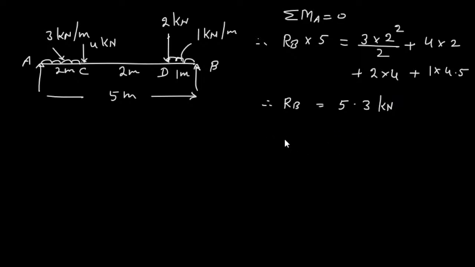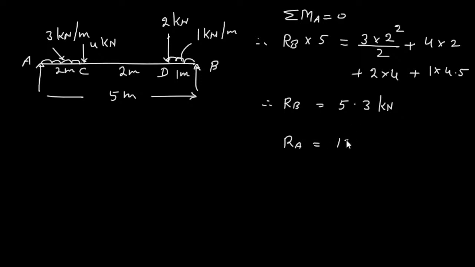Now RA I am writing directly. In the last problem you understood how to solve it. So RA will be the total downward force minus 5.3. So the total downward force is what? It is 3 times 2, 6, plus 4 plus 2 plus 1. This is a total downward of 13.